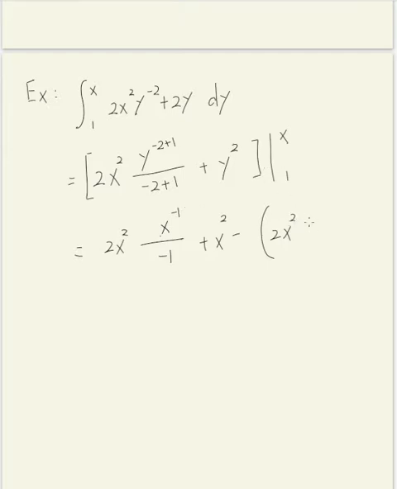Alright, times 1 to the minus 1 is, again, 1, divided by minus 1, plus 1. Okay, so we get minus 2x squared times x to the minus 1. You get minus 2x, and then plus x squared. Minus minus cancel out, so we're left with plus 2x squared, and then minus 1. So the answer is 3x squared minus 2x minus 1.